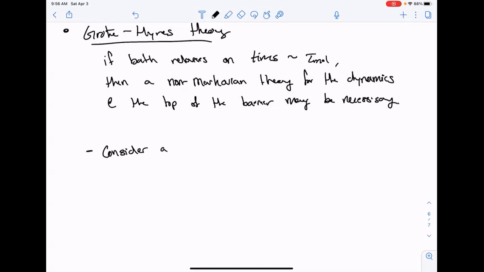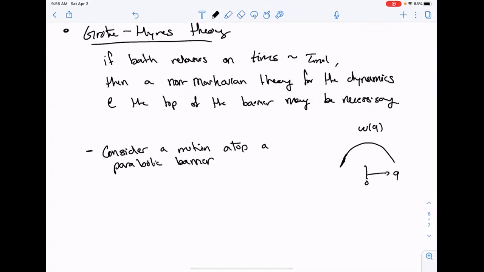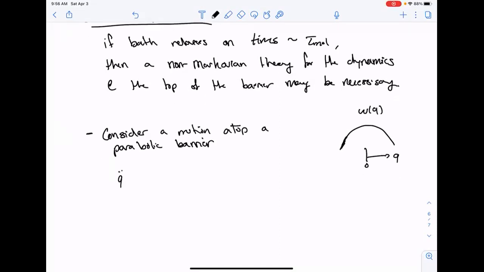So let's, for concreteness, consider a parabolic barrier. So Q double dot, the acceleration, let's set the mass to 1, is the frequency of that potential squared times Q. And our friction coefficient, time dependent, let's give the notation as zeta.